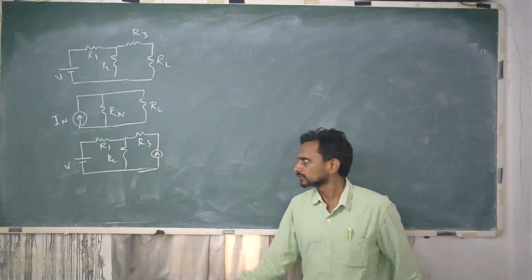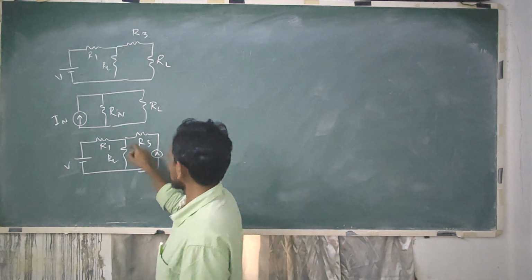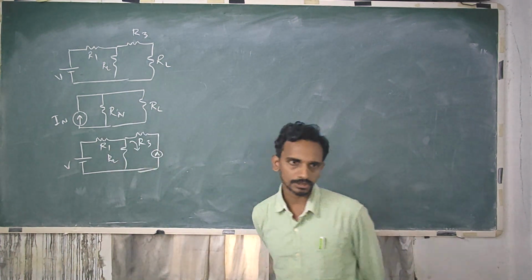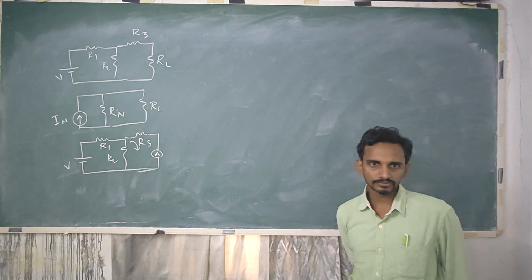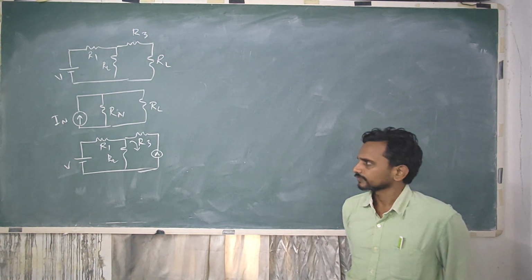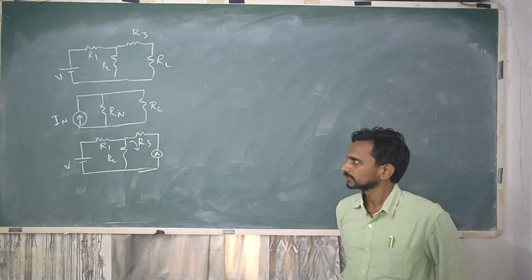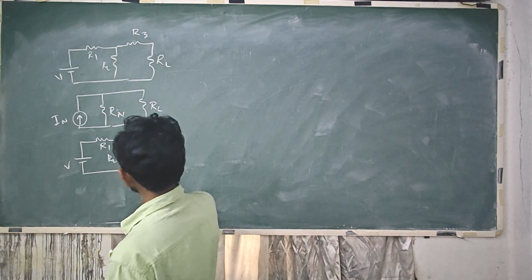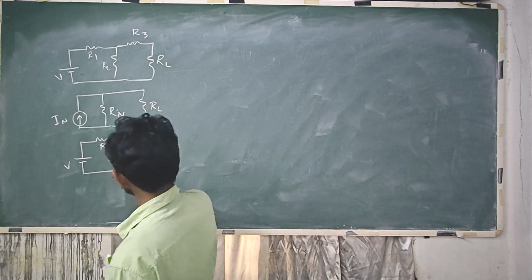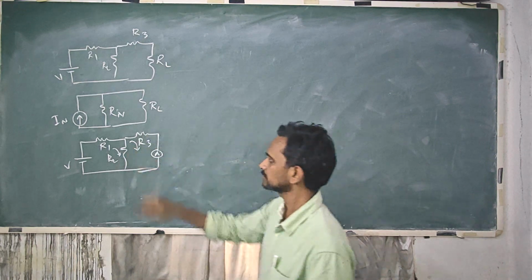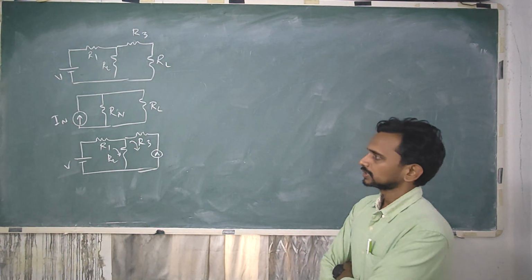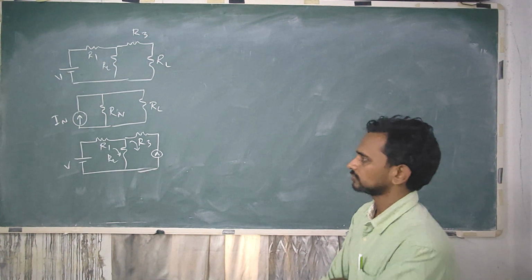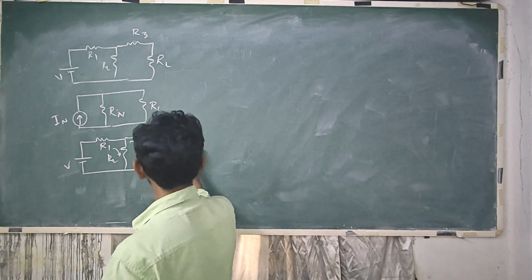So we need to measure the current flowing through this portion of the circuit. Okay. So we have to measure this current. So we have to remove the portion of the current divided here. So what is the entire circuit?